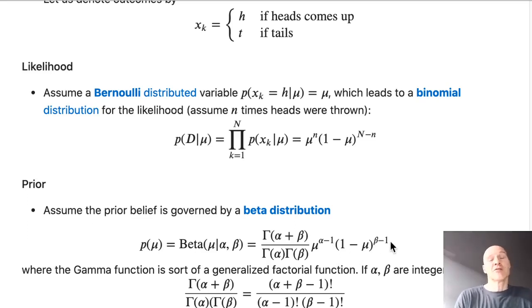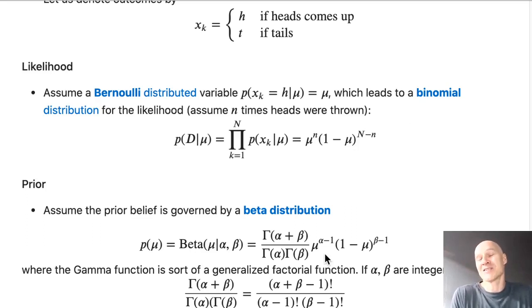The nice thing about this beta distribution is that all the terms in mu look the same as in the binomial distribution. And you can imagine that if we multiply the beta distribution times the binomial distribution, we get another distribution that's going to be either binomial or beta again.